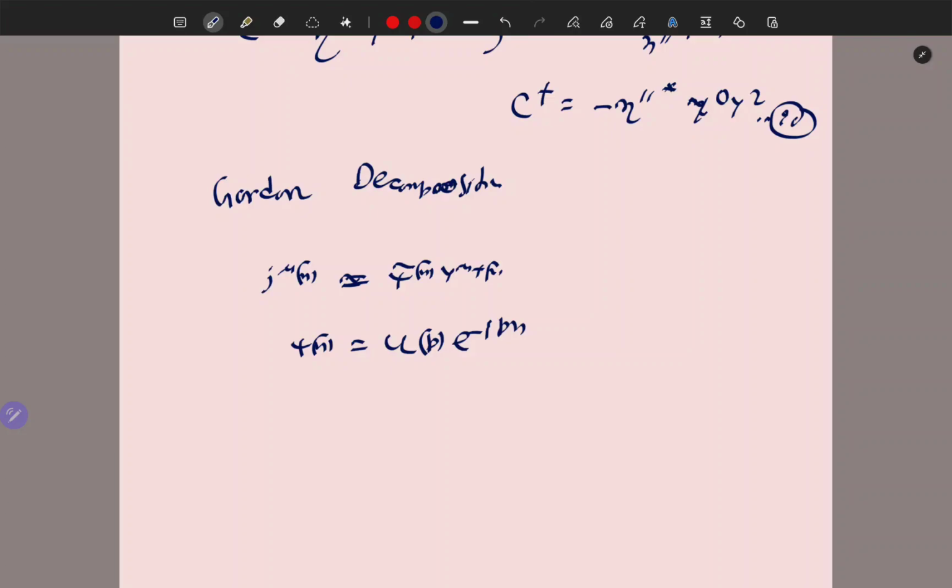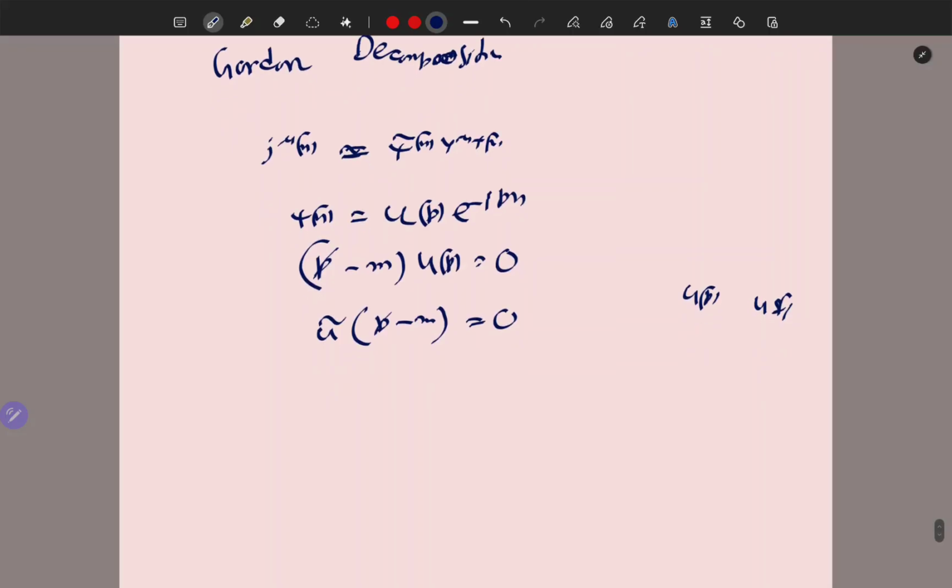It is seen that the equation for u of p is p slash minus m u of p equal to 0, which is the equation for psi tilde of x. So we can find u tilde p slash minus m equal to 0. Consider the two spinors u of p and u of q satisfying the above equation with p and q respectively.